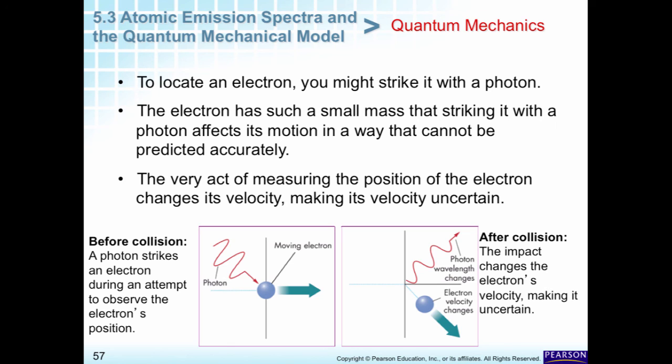Okay, so it also imparts some of its energy to it, so then it might change the speed of the electron. So it's very hard to know where the electron is or what velocity has been changed, okay?